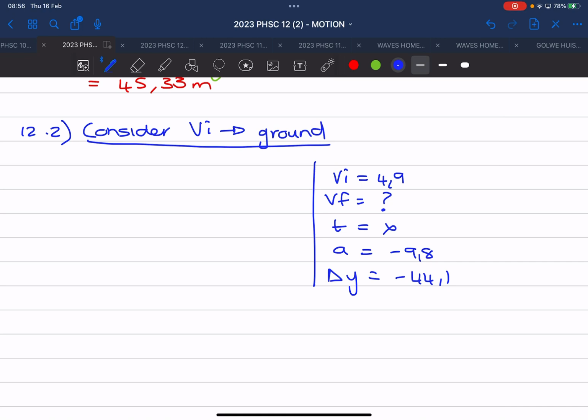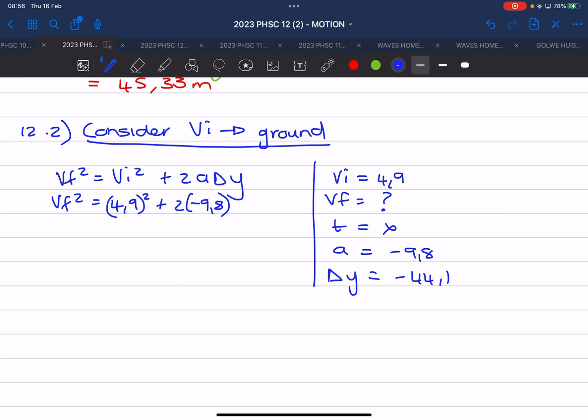Okay. Now we need a formula again, independent of time. It is this formula. Now, in the first lesson of this chapter, I said when you use this formula, you must be careful. Why must you be careful? Because there's a square root. And what does a square do? It changes everything into positive.